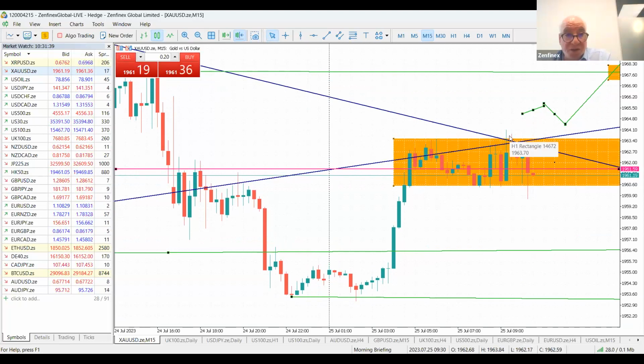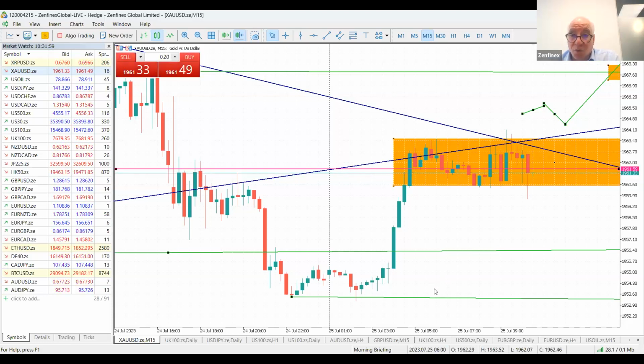I've done it myself in the past, don't do it anymore because it doesn't work: just putting a pending order above and below the consolidation zones. That's just going to get you taken for a ride to the wrong side.